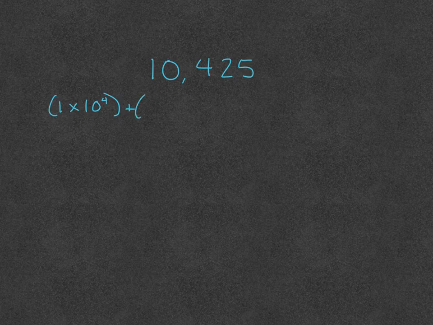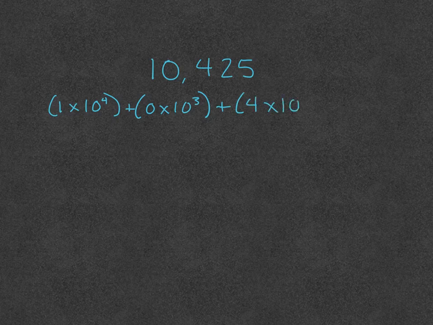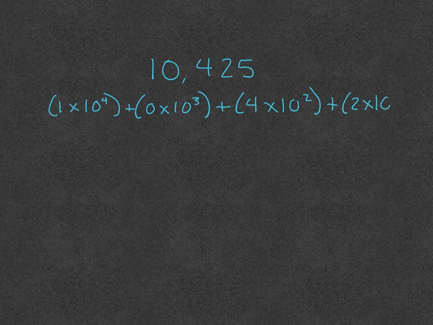We could do 0 times 10 to the third, plus 4 times 10 to the second, plus 2 times 10 to the first, plus, I gotta write really little, 5 times 10 to the 0. Oh my gosh, that's tiny. But I could eliminate this section because it is 0.